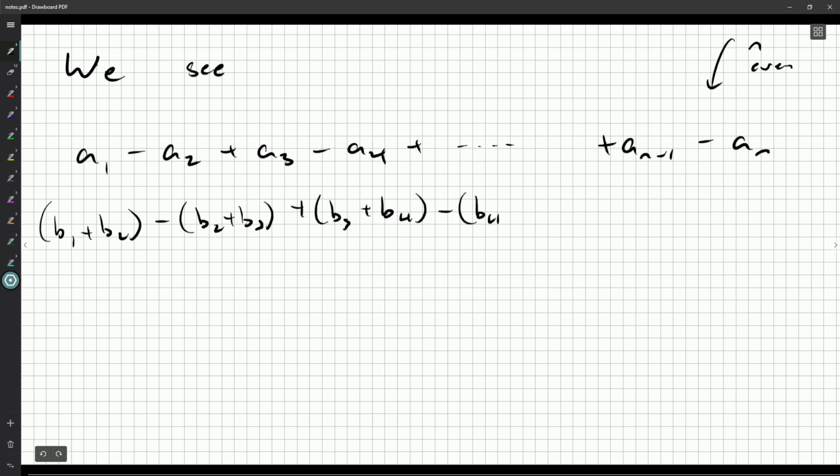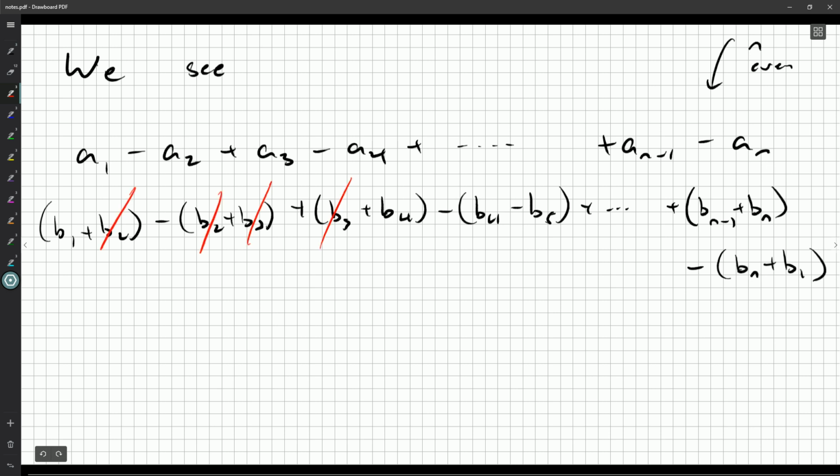But then you're subtracting off the B4 as well as a B5. Up to Bn minus 1 plus Bn minus Bn plus B1. So now we can see, when you do that, the B2s cancel, and the B3s cancel, and the B4s cancel, and the B5s cancel, and then the Bn's cancel, and then finally this B1 that's subtracted, and this B1 at the front cancel.